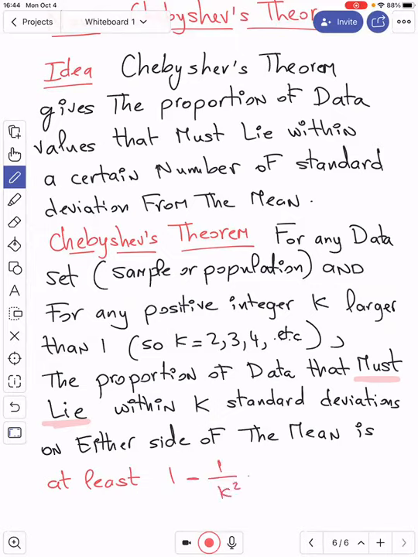Okay, so the percentage of data that must lie within k standard deviations on either side of the mean is at least 1 minus 1 over k squared.